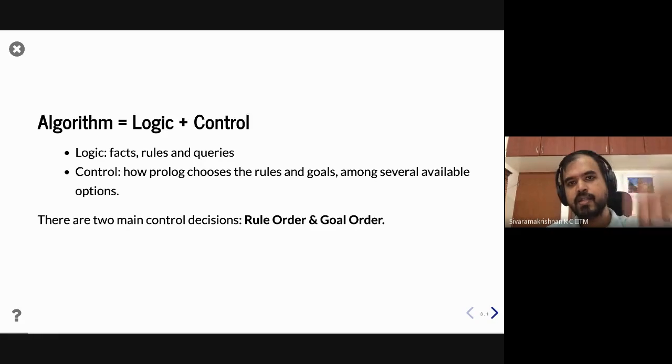SLD resolution does it in one way, but you could do it in various other ways, and different Prolog implementations vary in their choice of rules and goals. So we are going to study just SWI Prolog's implementation, something very specific, but you can extrapolate this information to other Prolog implementations and understand how they work.